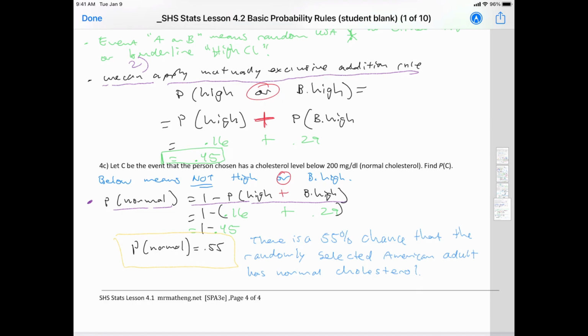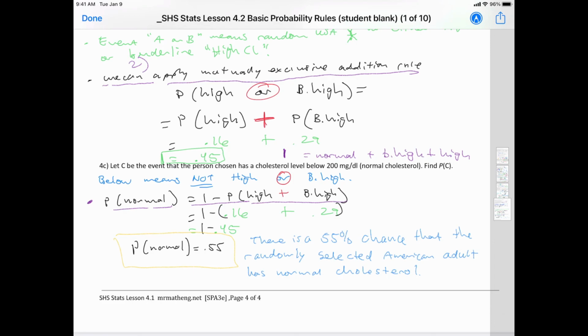Because if you think about it, again, the mathematical step, below or above this would have been normal plus borderline high plus high cholesterol is equal to everything. And everything is equal to 1. That's the big idea we have in here.